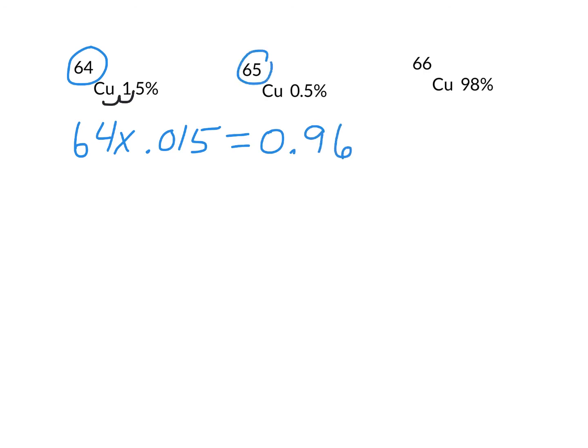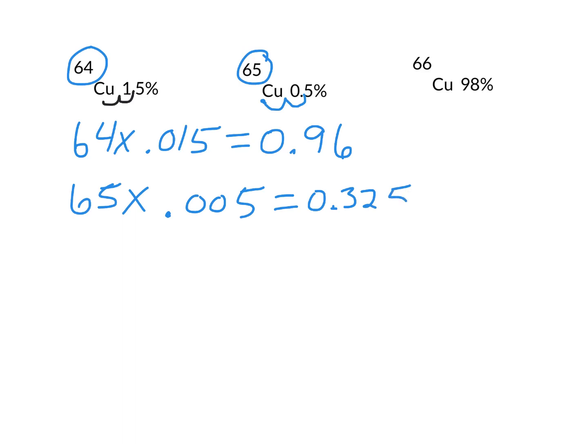What's my second one? 65, very good, times 0.005, because you're going to move this twice, 1, 2, right? So 0.005, and that's going to give me, very good, yes. So 0.325.